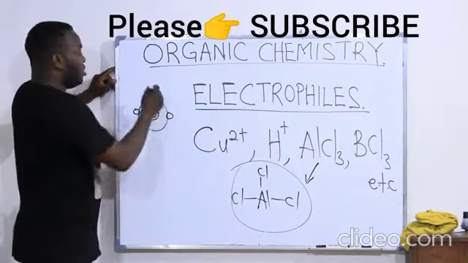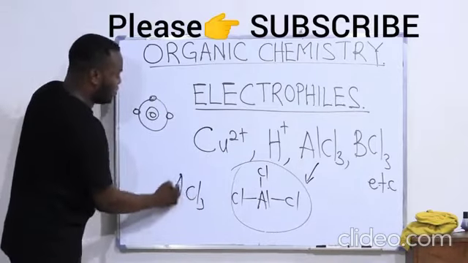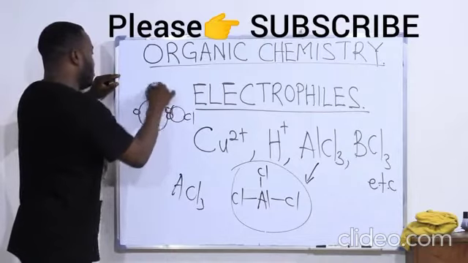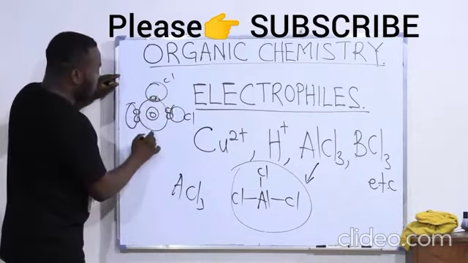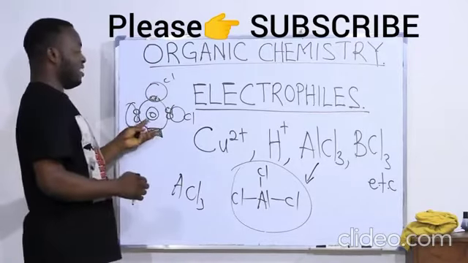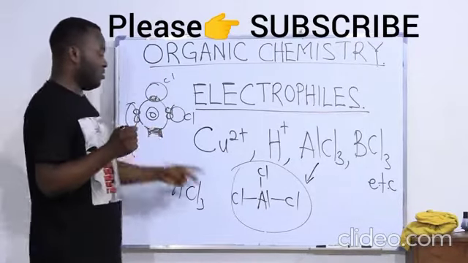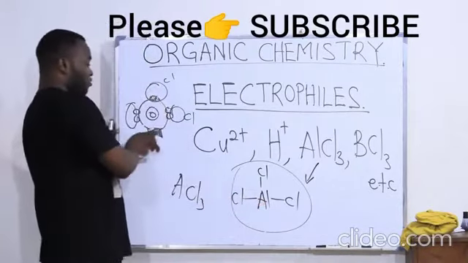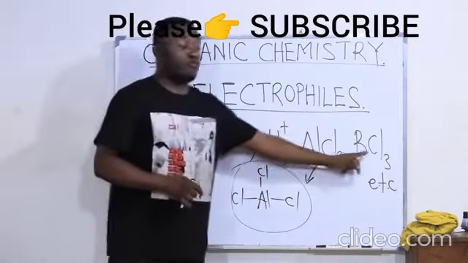Now, 3 chlorines are to be bonded to it. One chlorine stays here, the other stays here, the other stays here. Nothing is here. So this place is lacking electron. We can use this as evidence to show that this is an electrophile because it is electron deficient. There is no electron here. The same applies to this.